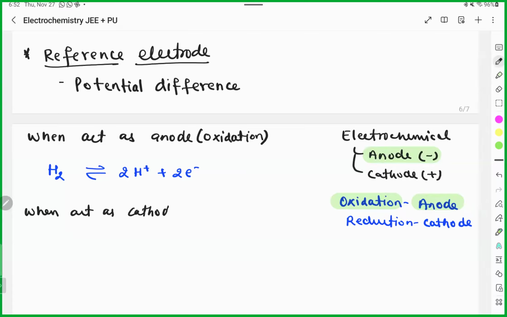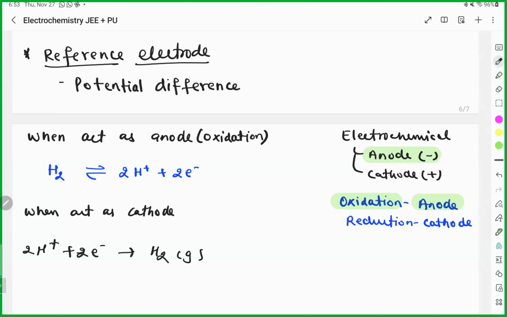Cathode means where reduction happens, as the positive ion can easily gain an electron and become hydrogen gas again. Understood? Any doubt? So it can easily undergo both oxidation and reduction.